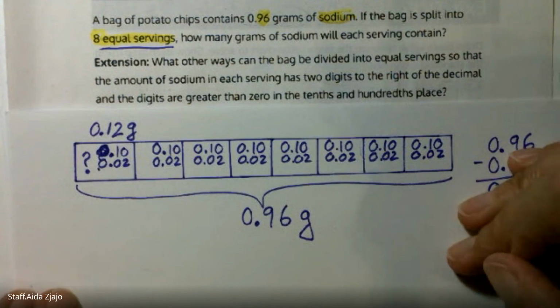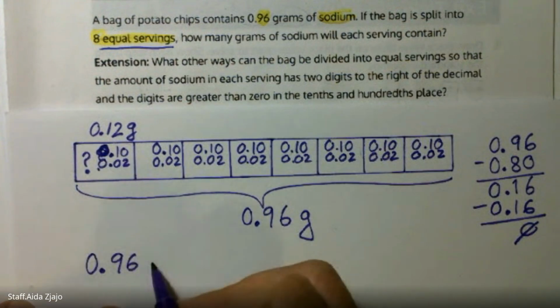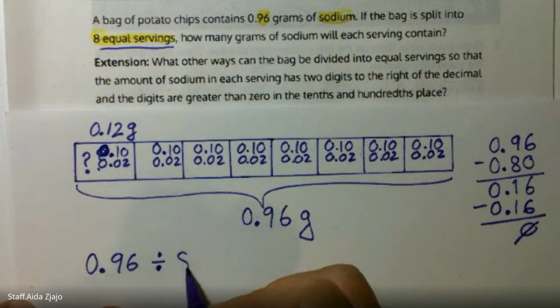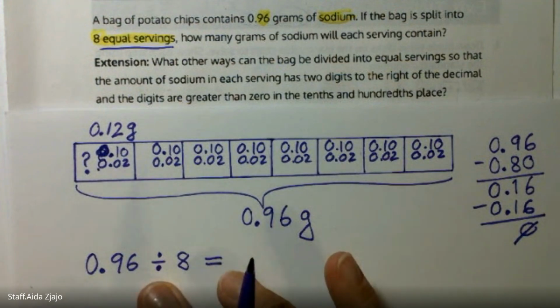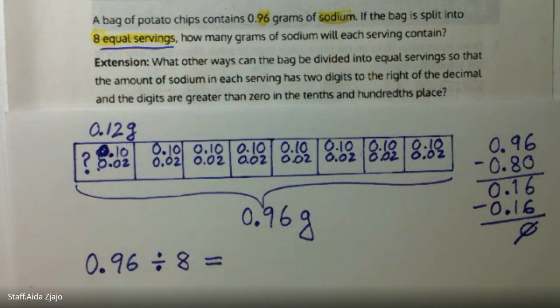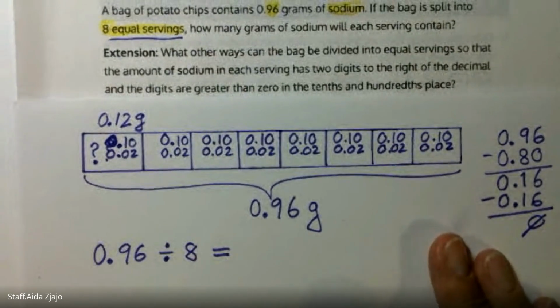The next way is to think, I have a bag of 0.96 grams and I need to divide it into 8 parts. I can think about this as 96 hundredths divided into 8, or I can do the standard algorithm.